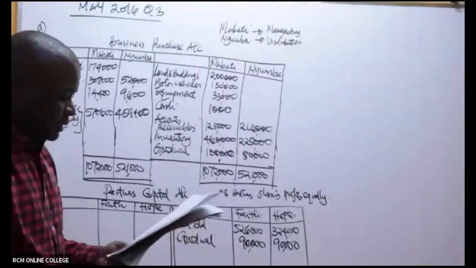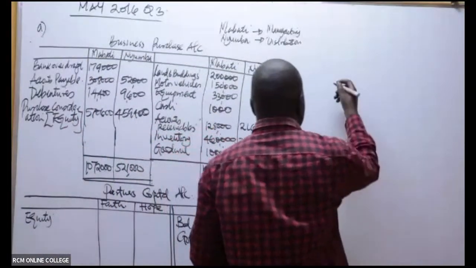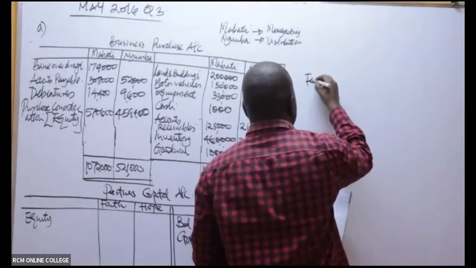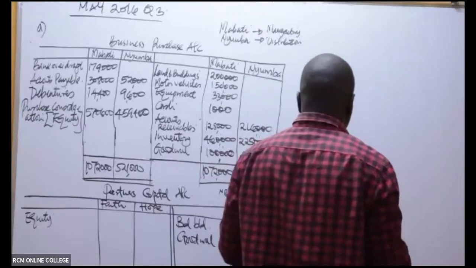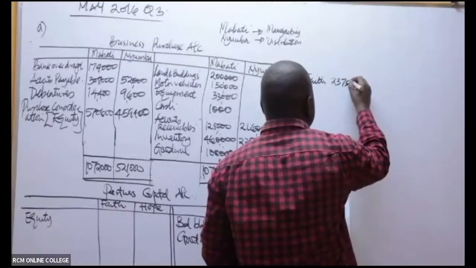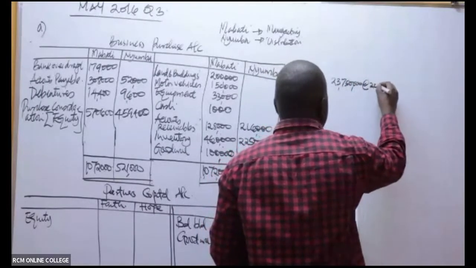So we have 2 parties here. For Faith, you're told that she agreed to 23,750,000 shares, each share going for how much? 20 shillings.